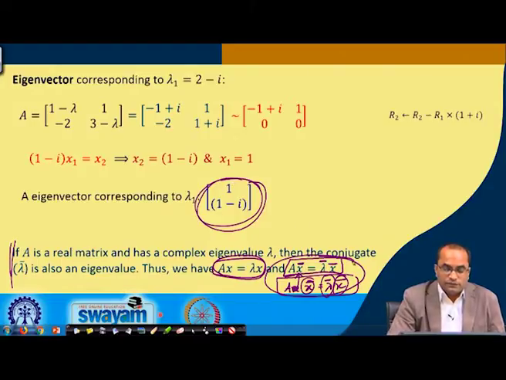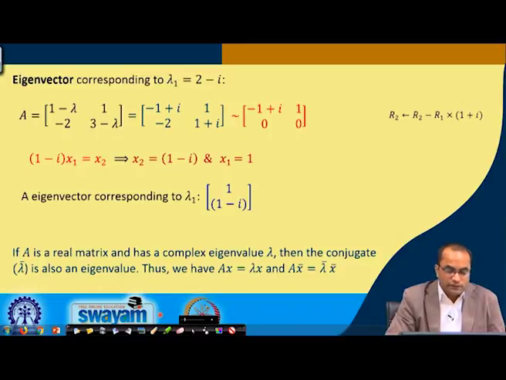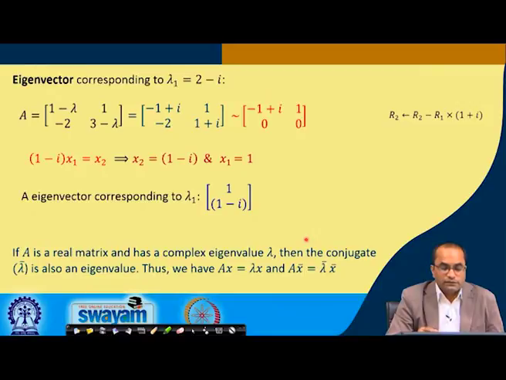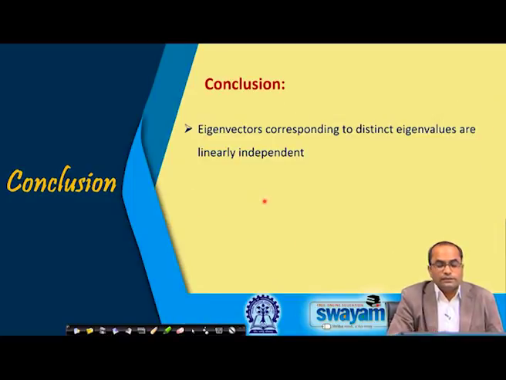So that is an interesting result about the complex conjugate eigenvalues. In this case, the eigenvectors corresponding to distinct eigenvalues are linearly independent.